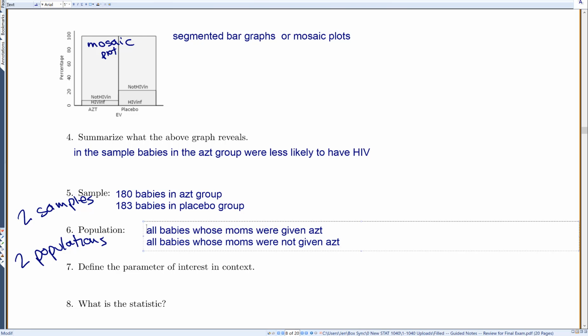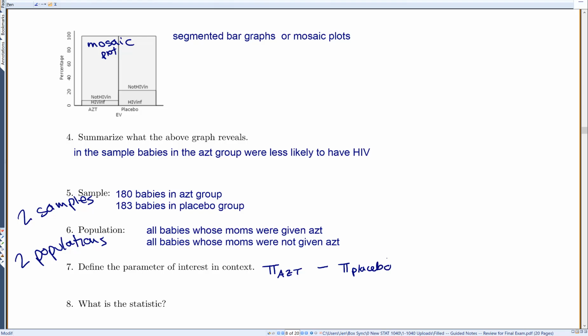Okay, so those would be our two populations. Now, how would we actually compare these though? Okay, so if we want to compare them, we would actually want to look at the population proportion for AZT minus the population proportion of the placebo group.